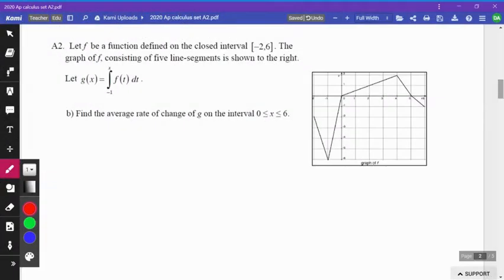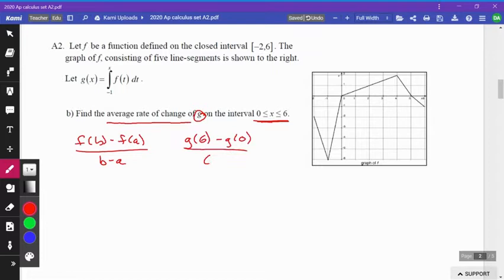For letter B, what I want to find is the average rate of change of g on this interval. Remember, the average rate of change is f of b minus f of a over b minus a. In this case, it's going to be g of 6 minus g of 0 over 6 minus 0.